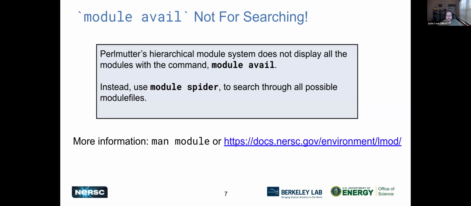And so that hierarchy will only be shown by module avail if you have the correct modules loaded. So instead, you can use module spider to search through all the possible module files. And you can also use it to figure out which modules you need to load in order to get that one. Some common examples of this are parallel netcdf, netcdf, and HDF5.